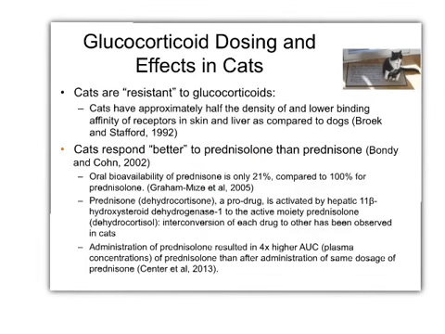So we're going to end this module with a discussion of glucocorticoids in cats. In general, cats are believed to be more resistant to glucocorticoids, and that's manifest by having half the density of glucocorticoid receptors, at least in the skin and the liver, compared to dogs, and lower binding affinity, meaning you need higher concentrations to get the same effect.